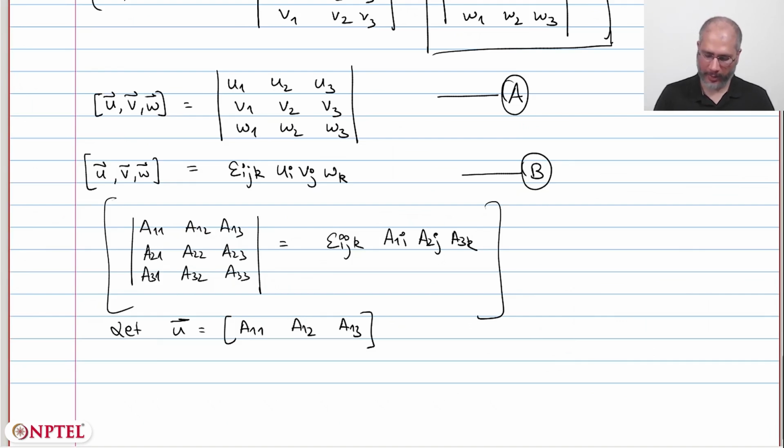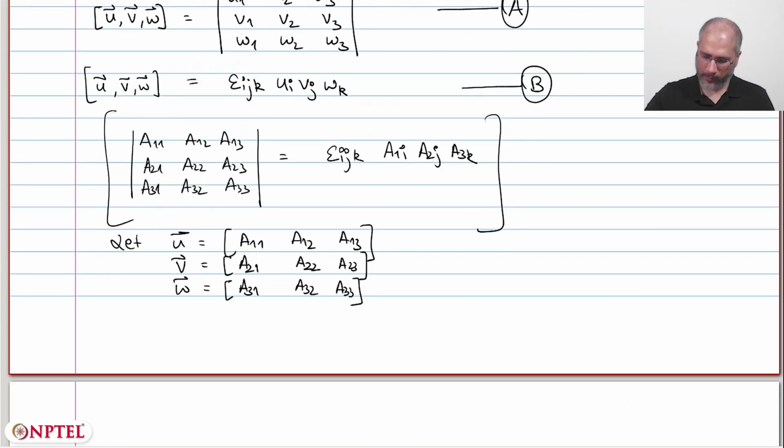And similarly, vector v is the second row of A, and w is the third row of A. Now if we do this, let's call this C.